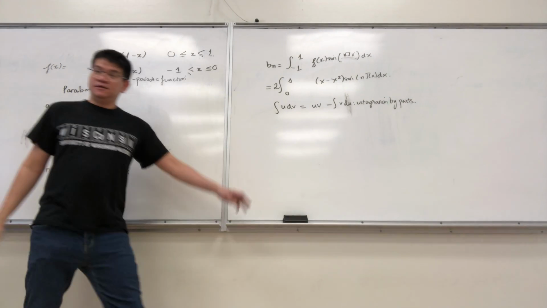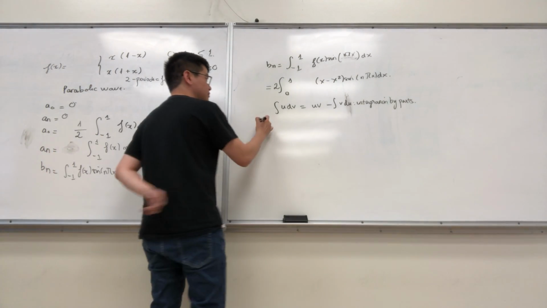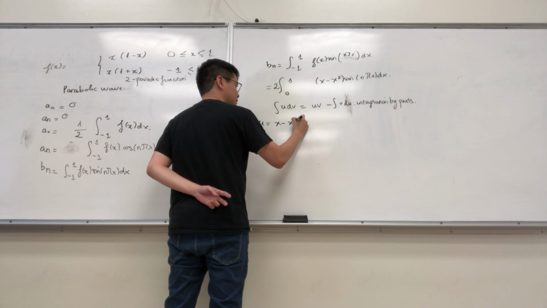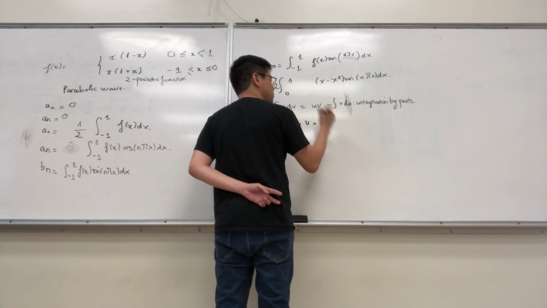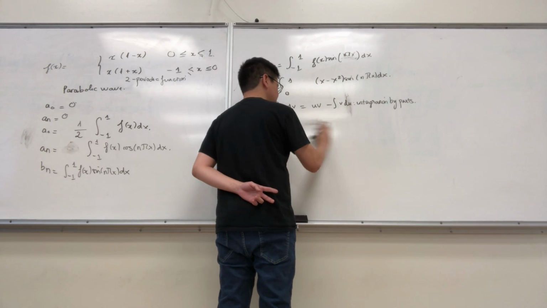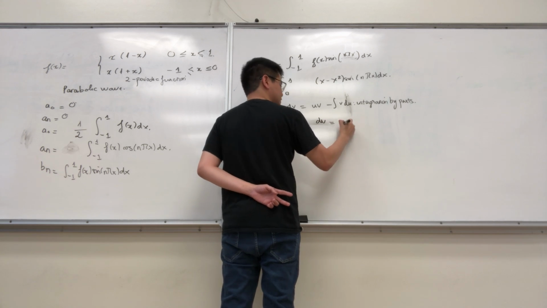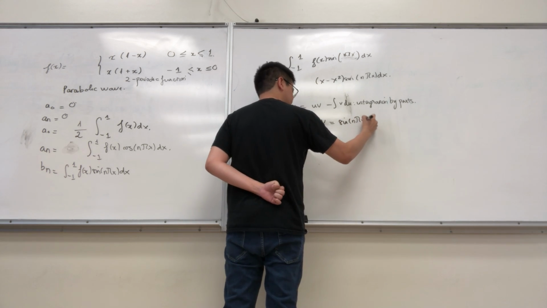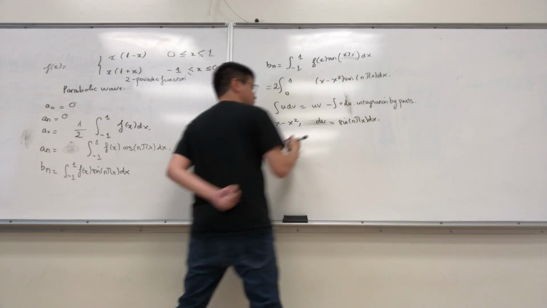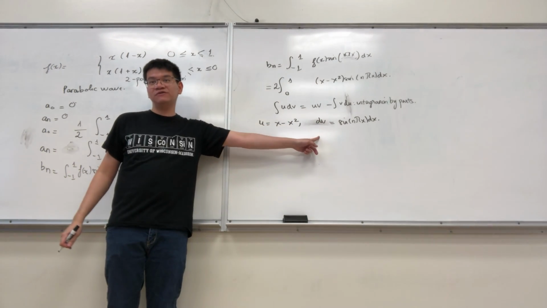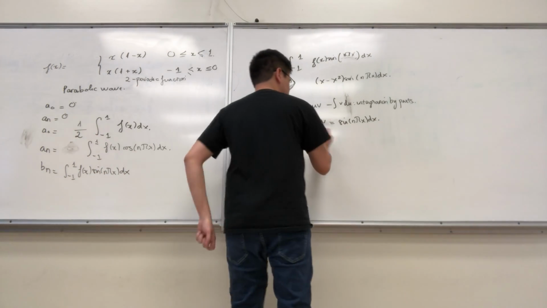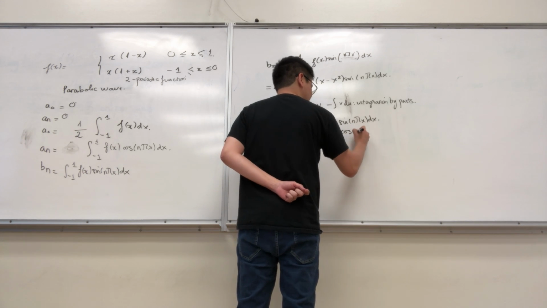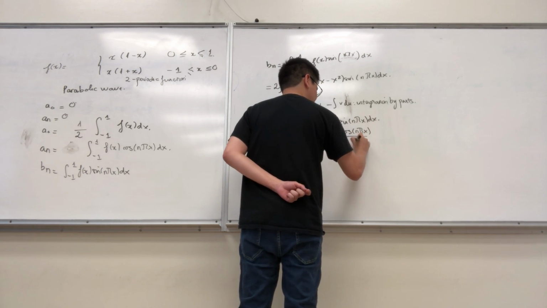All right. In this case, u is going to be x minus x squared, and dv will be sine of n pi x dx, which means that v will be the antiderivative of the sine function, and we know that v will be minus cosine of n pi x over n pi.